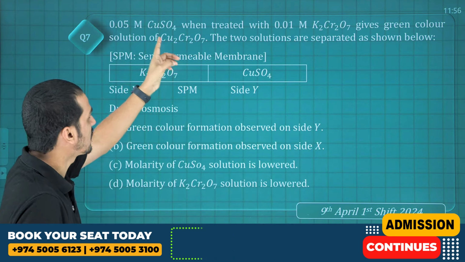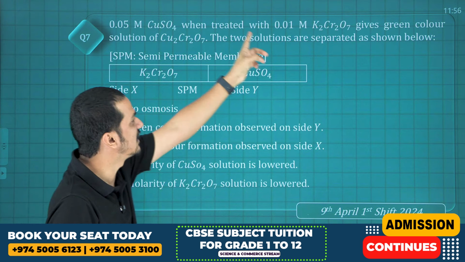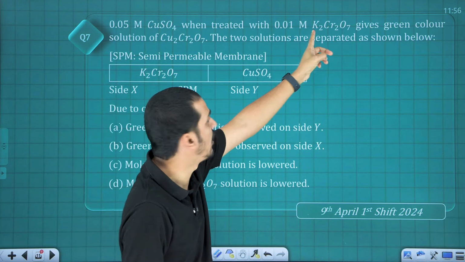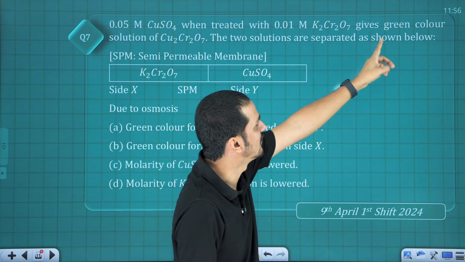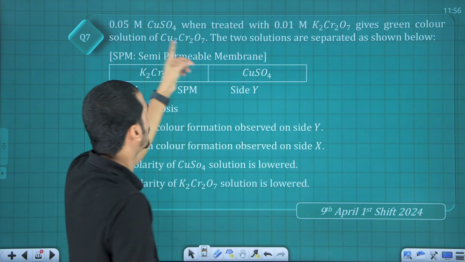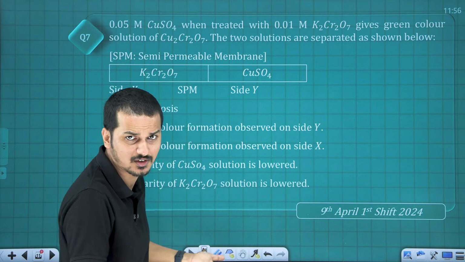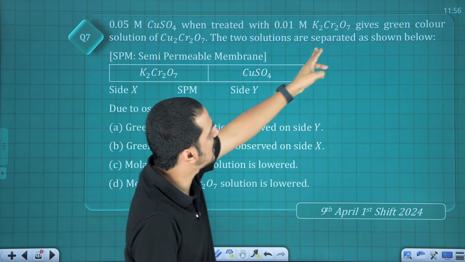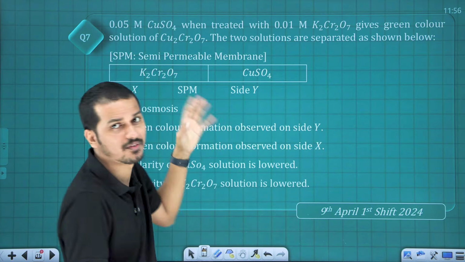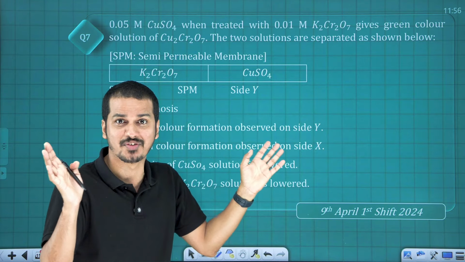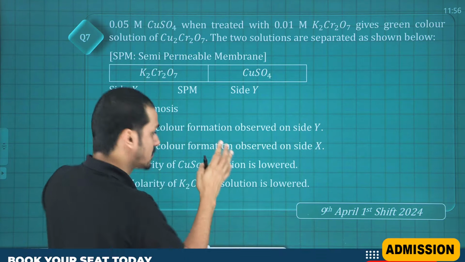Let's look at the question. 0.05 molar copper sulfate when treated with 0.01 molar K2Cr2O7 gives a green color solution. Whenever you mix them, that will give a green color solution. The two solutions are separated as shown below. We will look at the options where green color is.